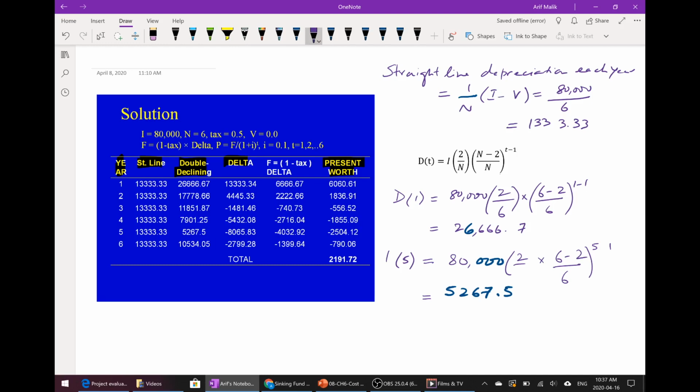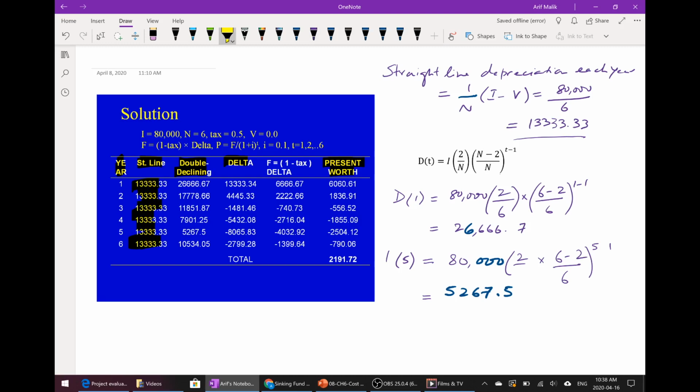V is equal to 0, and 80,000 divided by 6, we have 13,333.33, and that is the depreciation each year charged against revenue. And this is shown here. In the second column, all the depreciations are equal each year.